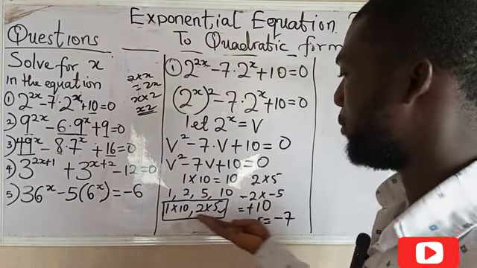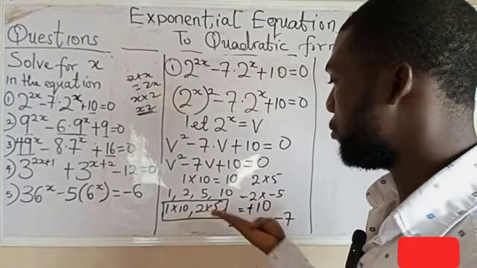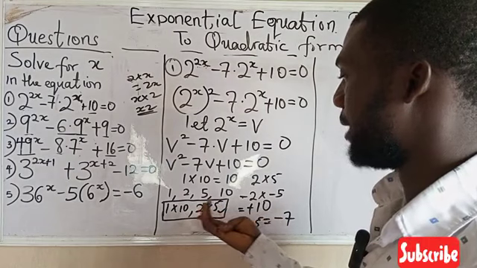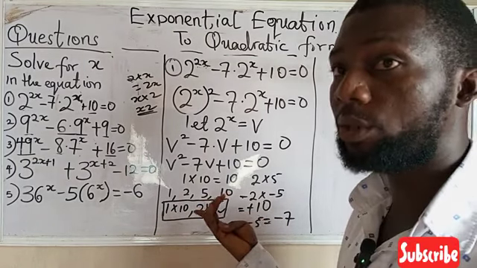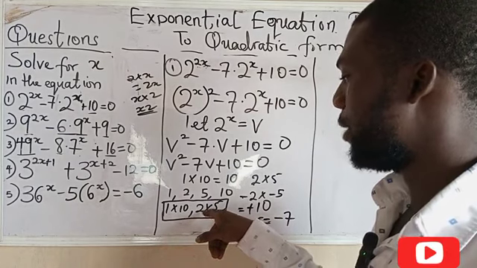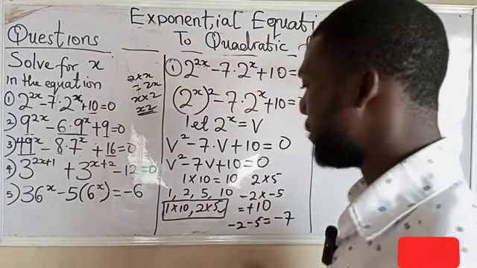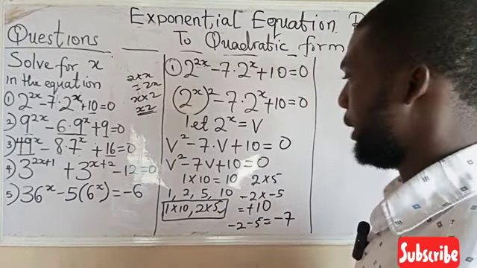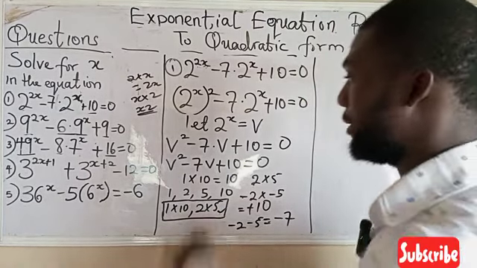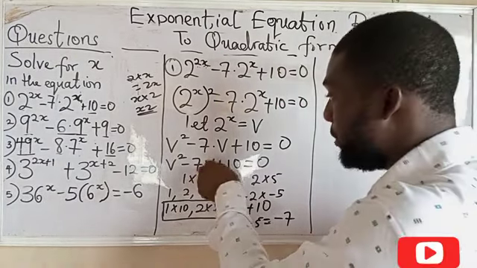From the options given to us, 1 and 10, 2 and 5, I can say that 2 times 5 makes more sense here. Why? Because when I multiply them together, it gives me 10, and when I do some kind of addition on it in one way or the other, it gives me 7.